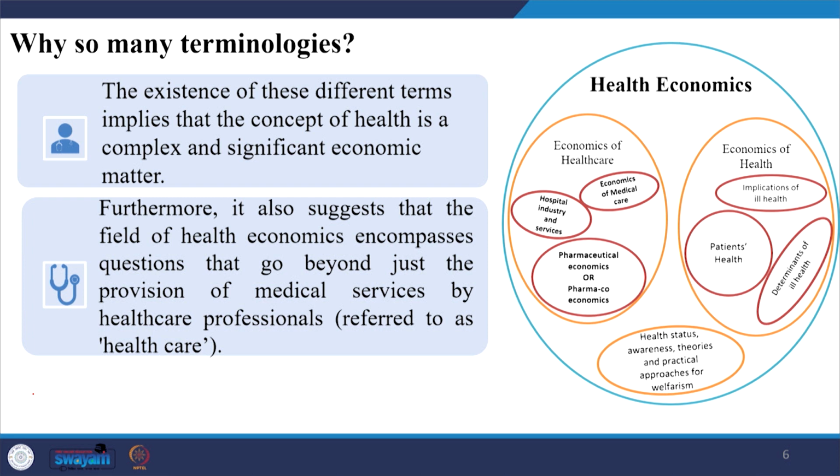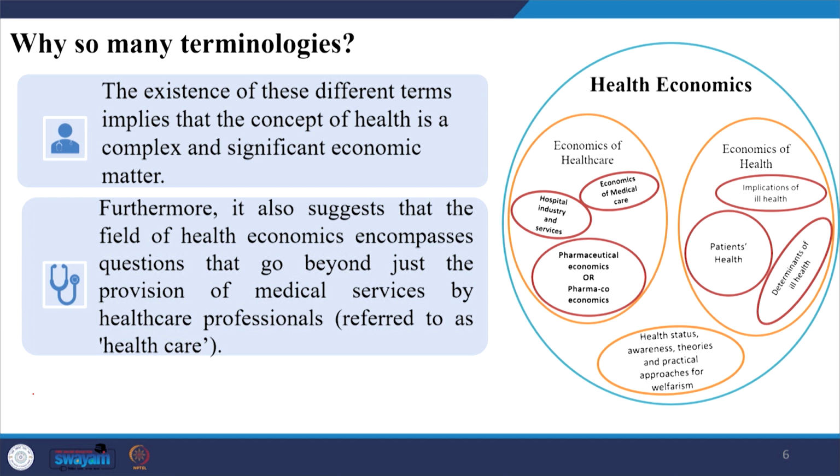Whereas the economics of health largely deals with implications of ill health related to patients' health, or determinants of ill health, etc. And health economics also includes health status, awareness, theories, and practical approaches for welfarism, etc.